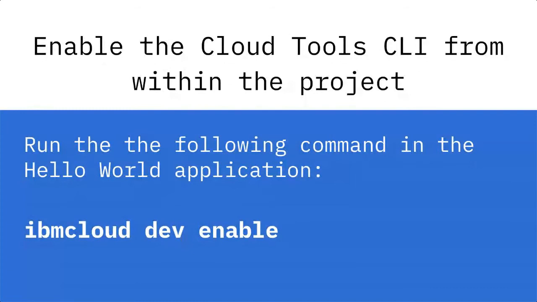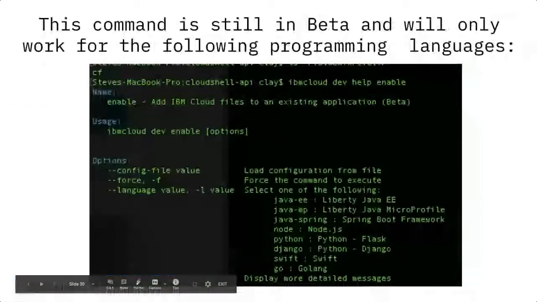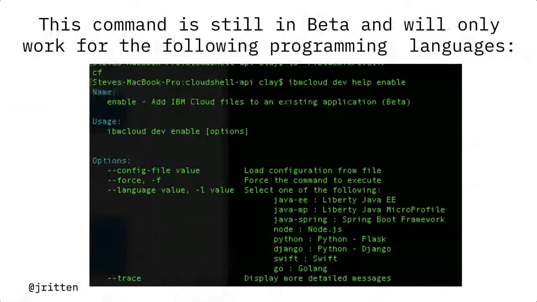If you run the following command inside the directory of your Hello World application or whatever local application you'd like to deploy, IBM Cloud Dev Enable, you're going to be able to enable the cloud tools within your project.